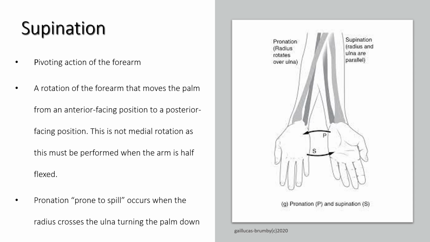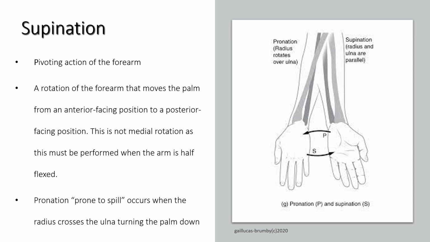These bones are the radius and the ulna of the lower arm, and the elbow needs to be slightly flexed in order for pronation and supination to happen. So pronation is when you have the hand facing downwards. Supination is when you have the hand facing up.